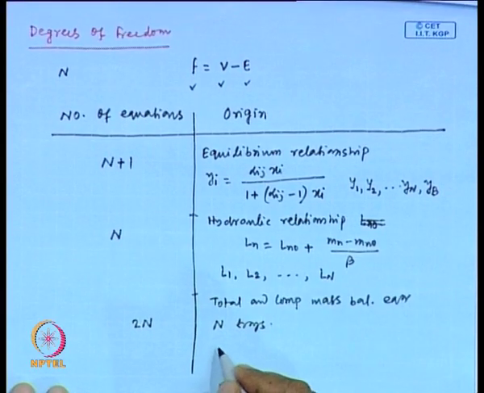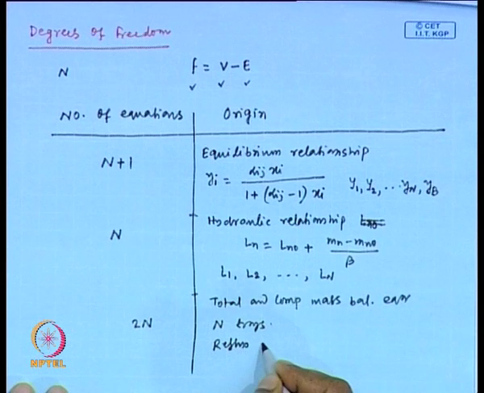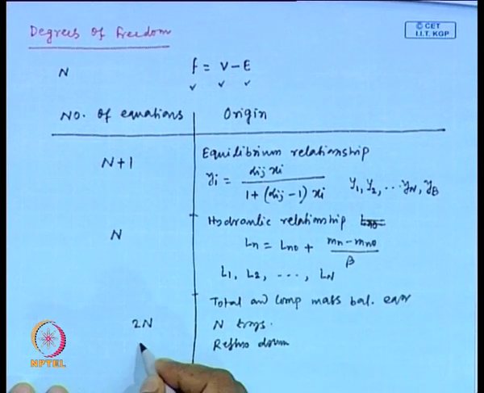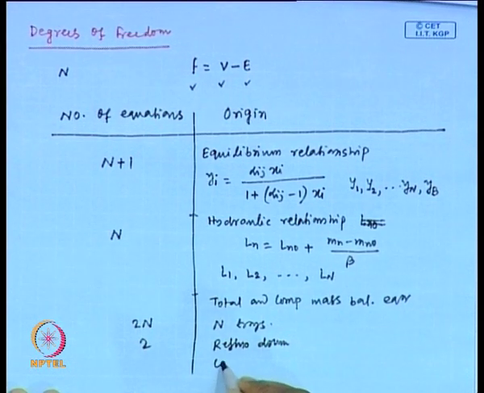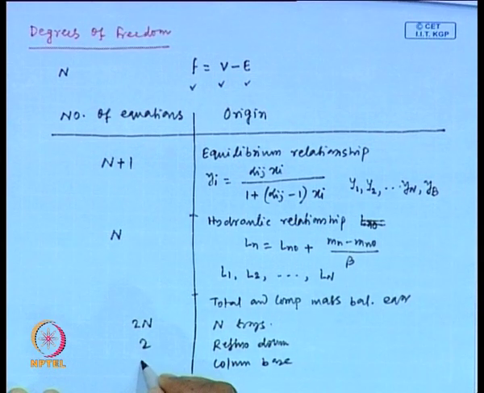Next, we will consider the reflux drum. Reflux drum, number of equations 2. Similarly, for the column base, number of equations 2, one component and another one total mass balance equation.